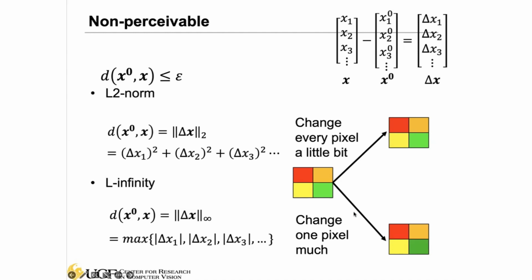And let's say in this first case, we add maybe 1/2 to every pixel, right? So if we compute the L2 norm, what's the difference we get? It's equal to 1, right? Because we add 1/2, 1/2, 1/2, 1/2. We compute the square, we have 1/4, 1/4, 1/4, 1/4.